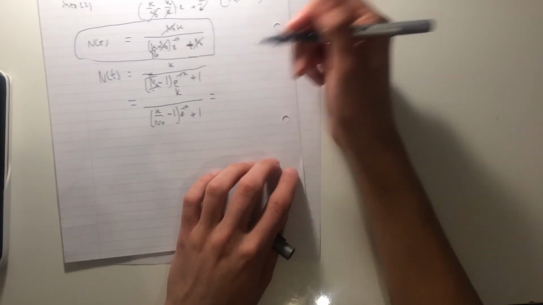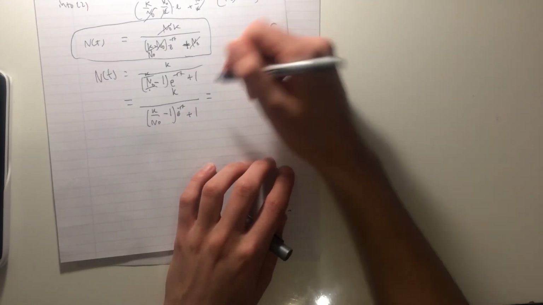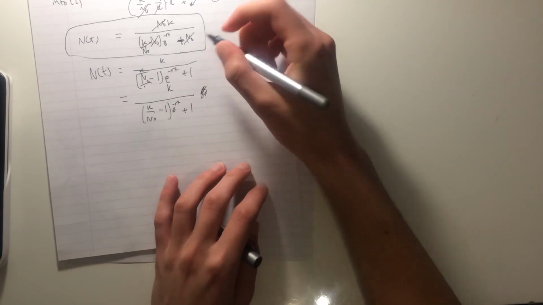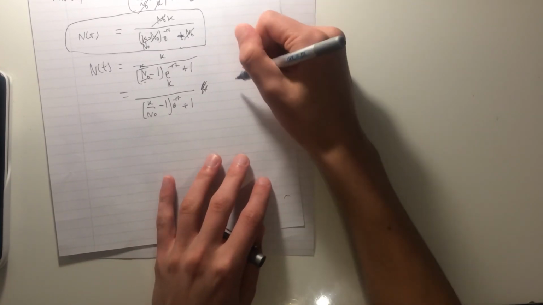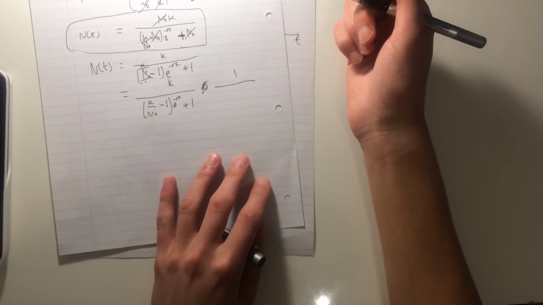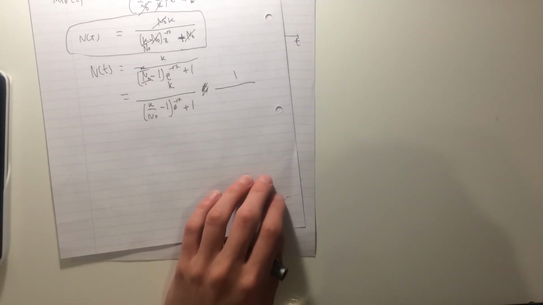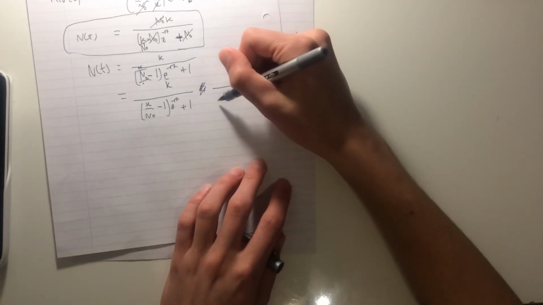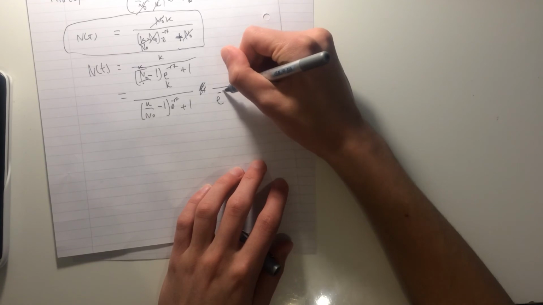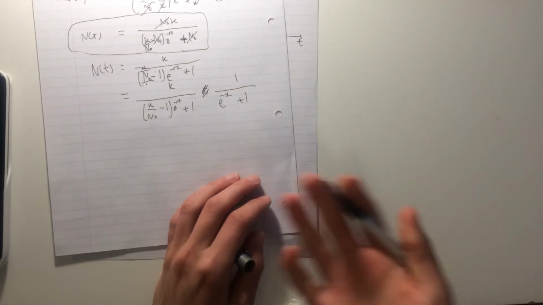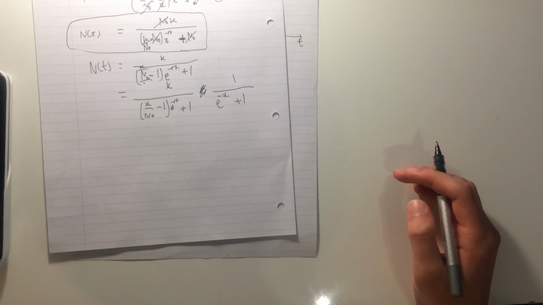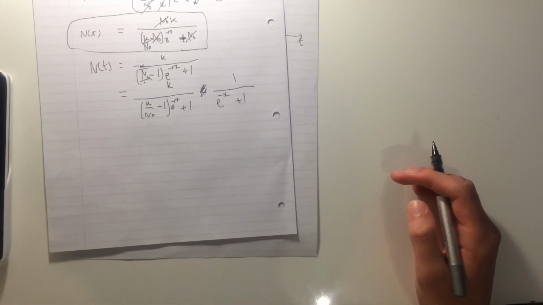Sorry, it's not an equality sign, but it's equivalent to another form known as the sigmoid function. Let me just check, I'm not entirely sure. I think it's 1 over e to the power of minus x plus 1. I'm not sure, but you see that's one form.